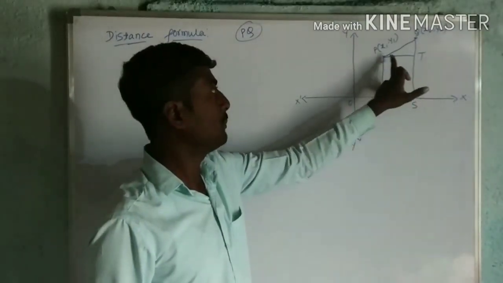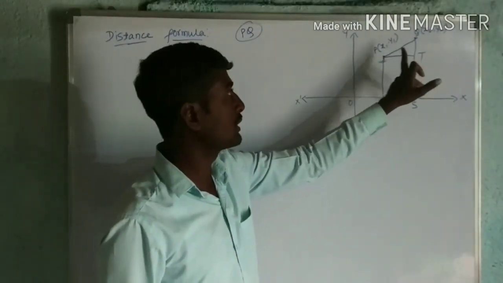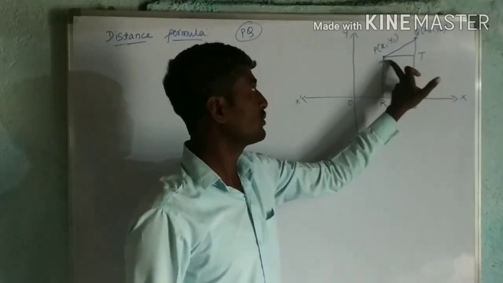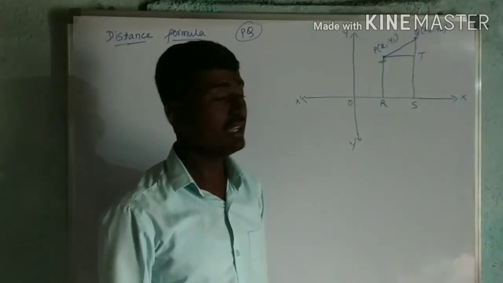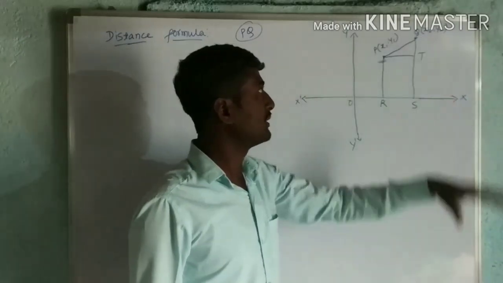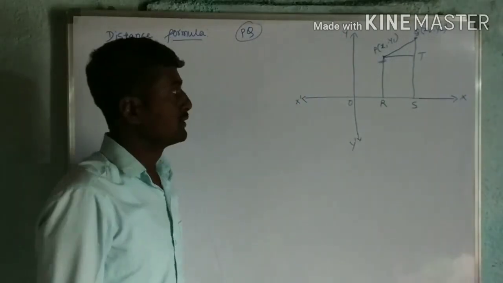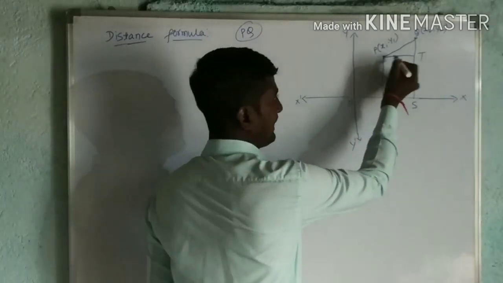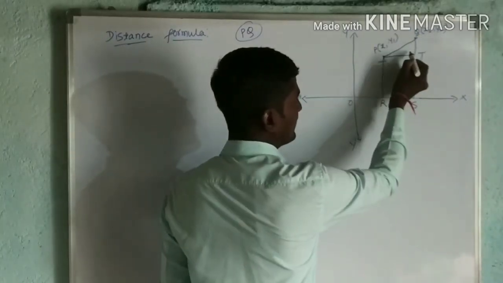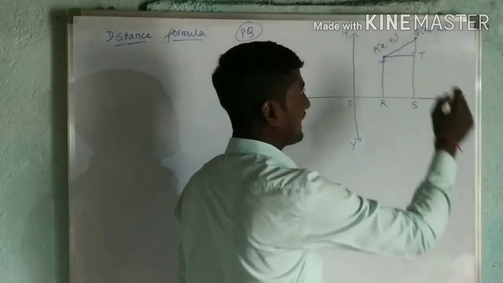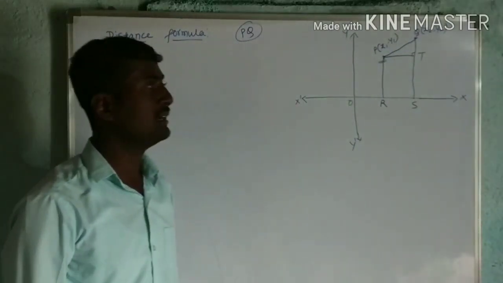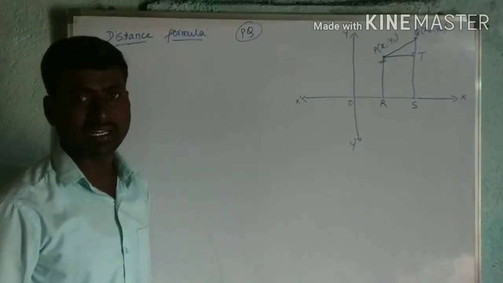Now from the point P I draw a perpendicular to QS, that is PT. Now I have to find the distance between these 2 points P and Q, that is PQ. Since PT is perpendicular to QS, QTP must be a right angle triangle.